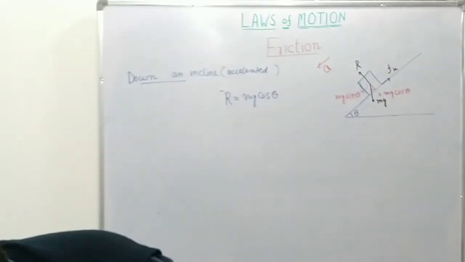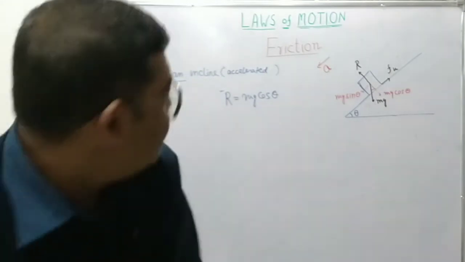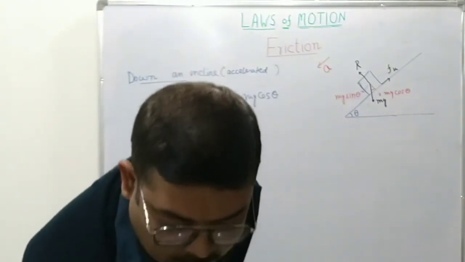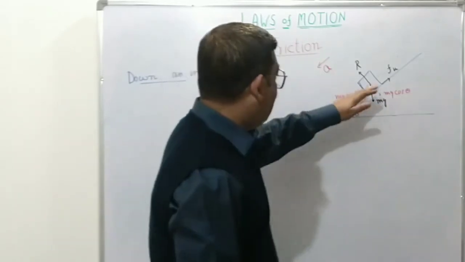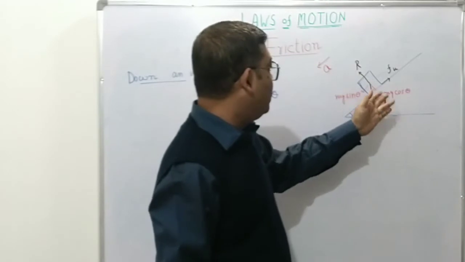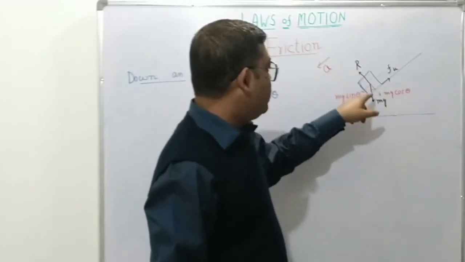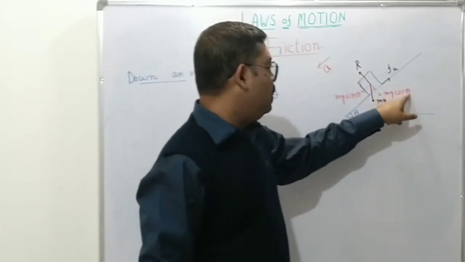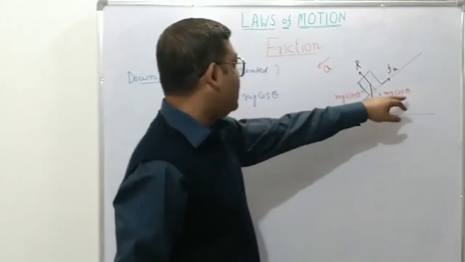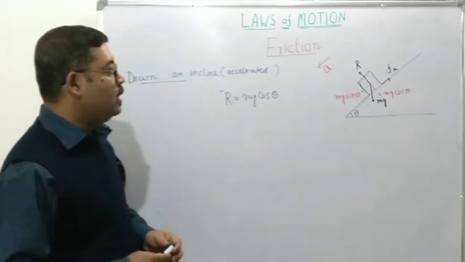So what will be the value of this acceleration? For this, we again consider the equations of motion along the plane and perpendicular to the plane. Perpendicular to the plane, the normal reaction must balance the perpendicular component of mg, that is mg cos theta. So R equal to mg cos theta.